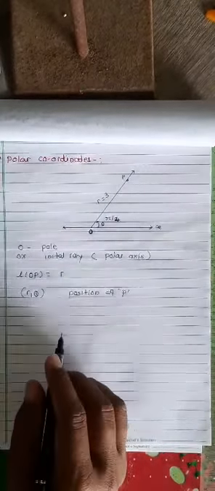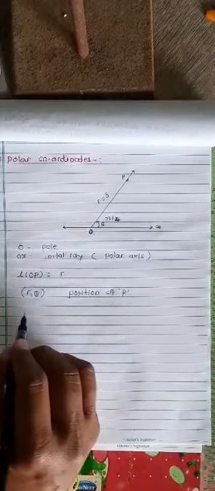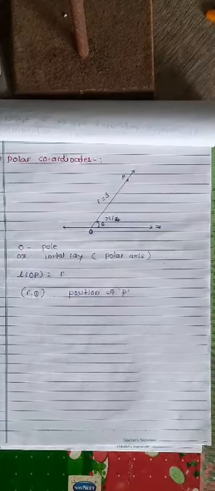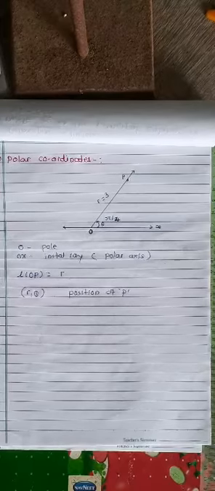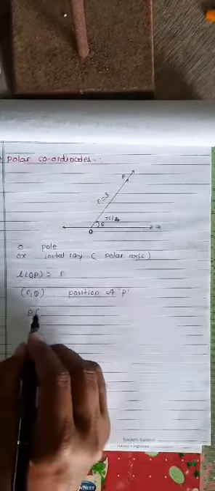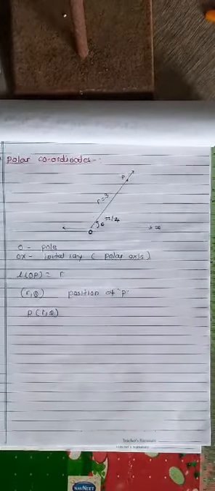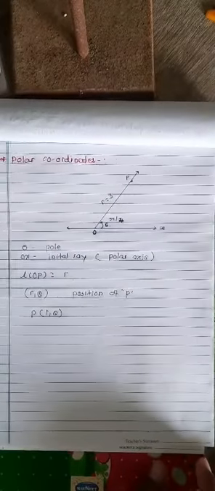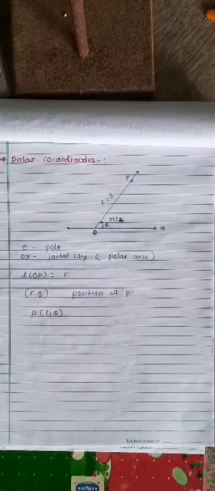R is called the radius vector and theta is called the vectorial angle. The polar coordinates of the point P are written as R and theta. It also gives the detail about a point situated in this axis or plane.